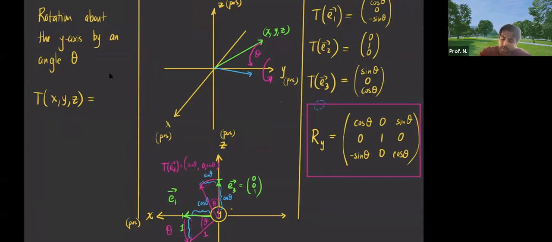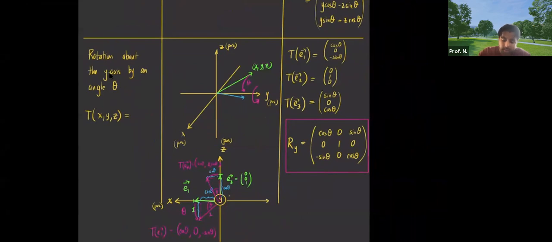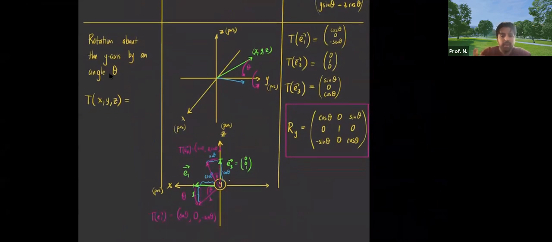Does this make sense as to what I'm doing with viewing the axes in a certain way, so that I can tell how my standard basis vectors are behaving under this transformation? And once I know what E1, E2, E3 do, I can know what it does to any vector. That's the beauty behind this.